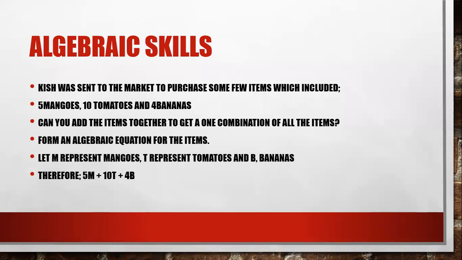So in that case, I came up with this expression, but after letting us know what M, T, and B stand for. So dear students, I want to encourage us that every time you're dealing with unknowns, you always tell us what that specific unknown you've chosen is standing for. I hope that is clear to all of us.